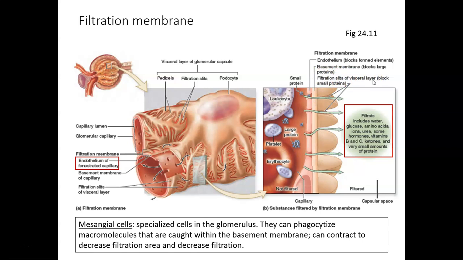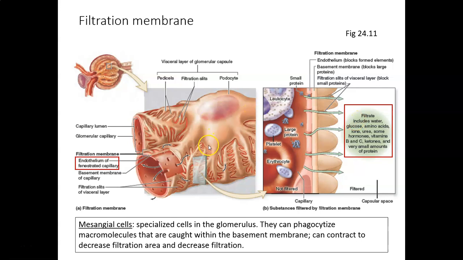Remember the visceral layer, the interior surface of your baseball glove, covers the capillary, and they have a lot of slits. They look like this. The slits basically allow the substances to come out.